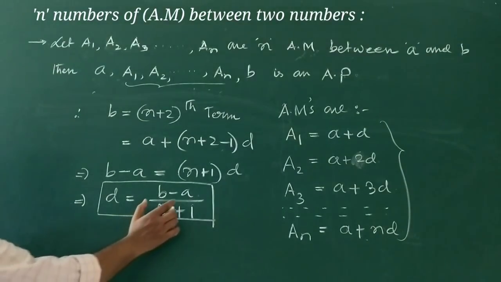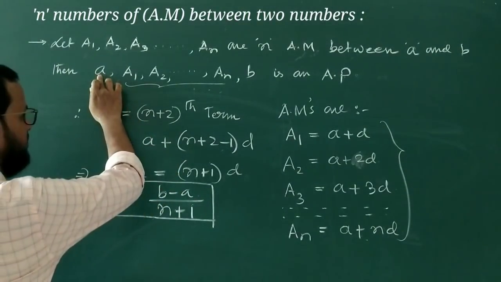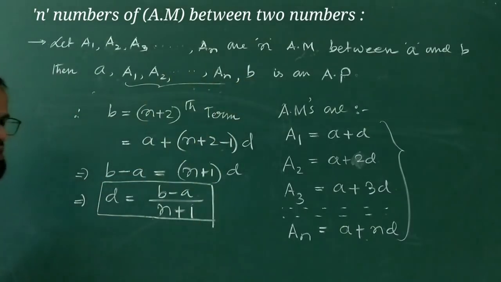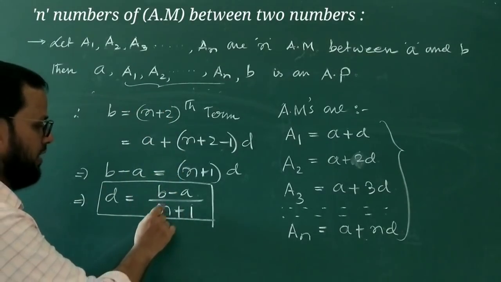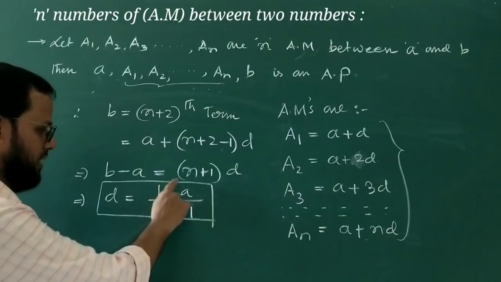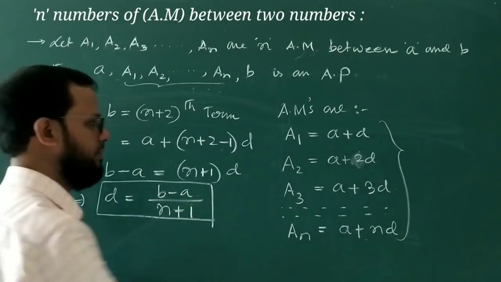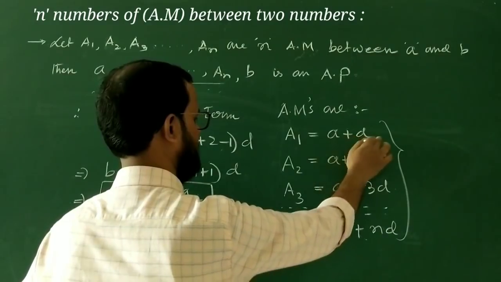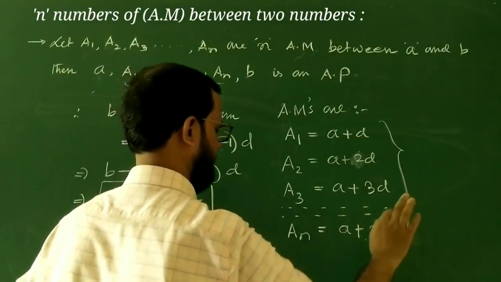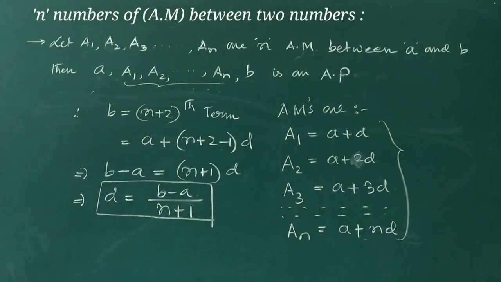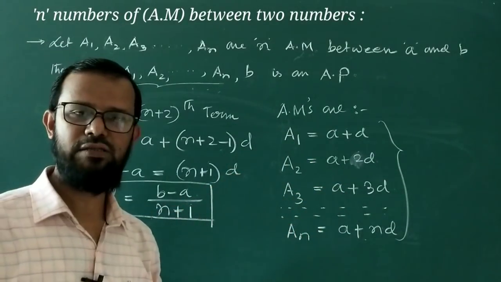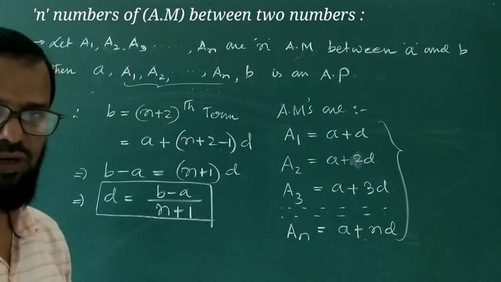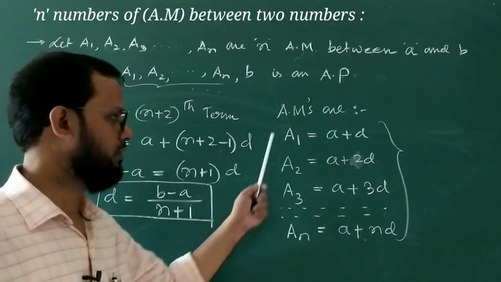D can be calculated from this because आपके क्वेश्चन में A and B दिया जाएगा, नंबर ऑफ टर्म्स, जो नंबर ऑफ एरिथमेटिक मीन आप इंसर्ट करो ये भी दिया जाएगा. तो B, A and N आपको पता होगा तो ये कैलकुलेशन करके आप D निकाल सकते हो. इसके बाद आपको A पता है, D पता है, तो आप arithmetic mean find out कर सकते हो. OK, this is a very interesting concept and with this concept we are going to find all the arithmetic means between two numbers. अगर arithmetic mean 1 हो तो दोनों का सम करके divide by 2 होगा, और more than 1 हो तो आप this way find करो.